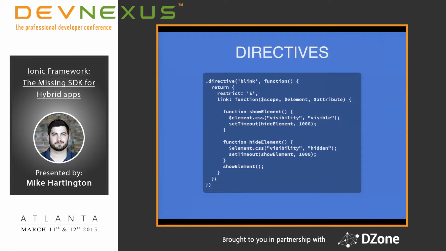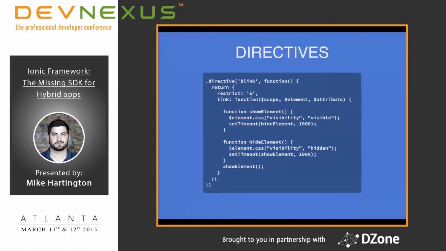So we can actually go ahead and say, hey, we have a directive, and we're going to call it blink. So we can actually say when we want to use it, we're just going to use standard HTML tags and embed it in blink. We're going to say, yeah, we want it to be an element only, so you can't use an attribute or anything else.